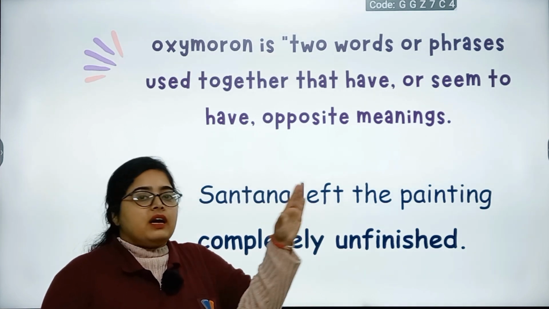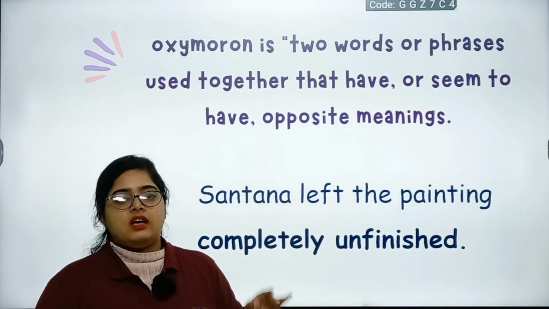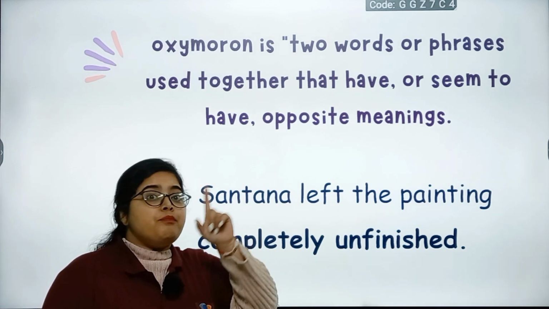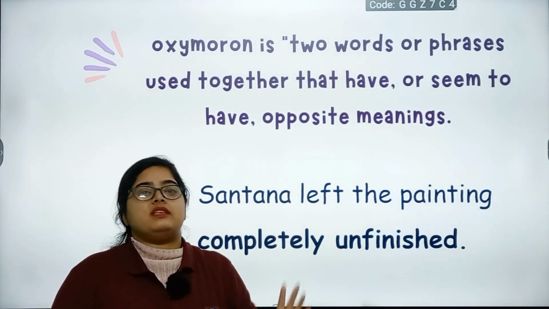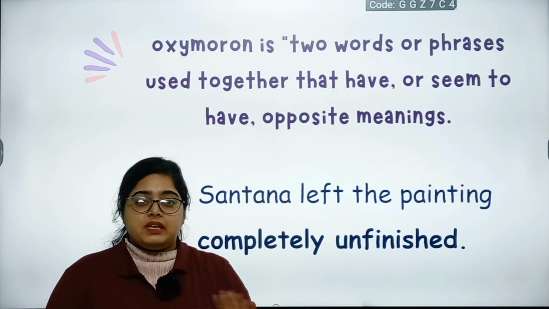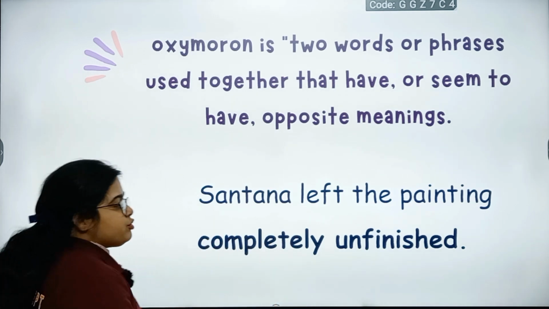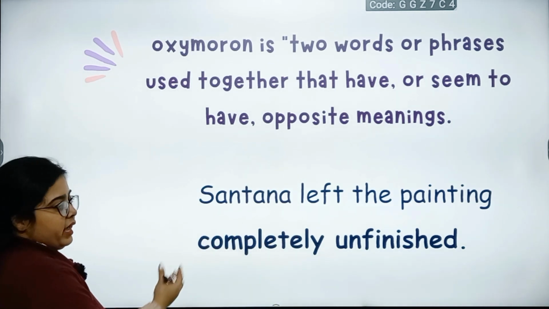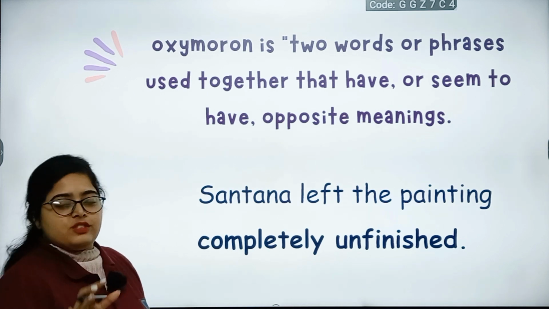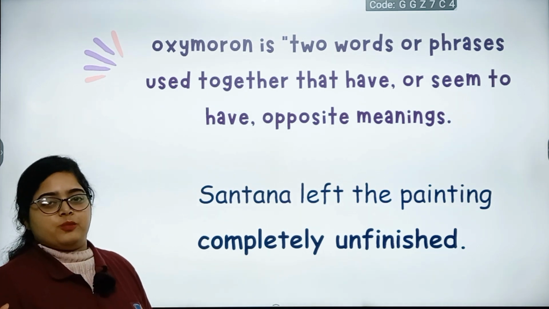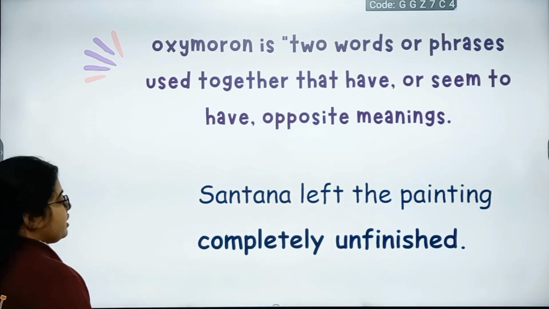She did not complete any part of the painting. So it is said completely unfinished, not one part is complete. It means unfinished only, but I don't know why this contradictory word is given. That is why these are known as oxymoron words, stupid words, okay.